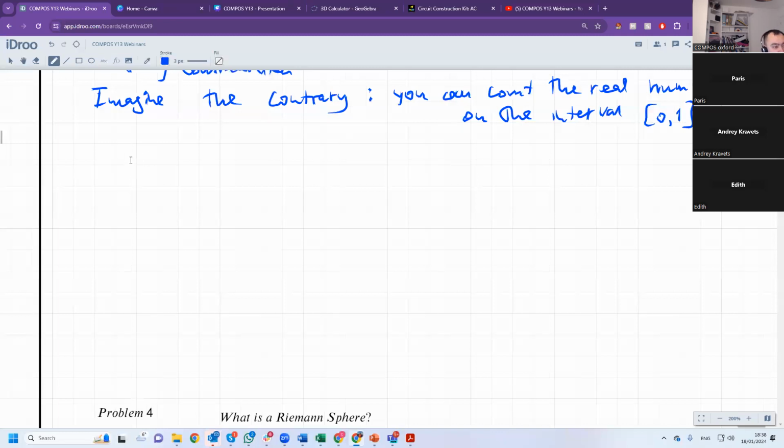So let's label them. Let's say you have the first number, the second number, the third number, the fourth number, the fifth, 6, 7, 8, 9, 10. Imagine you have a system where all numbers are numbered.